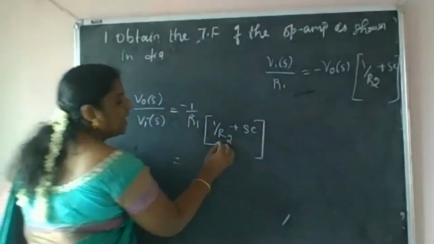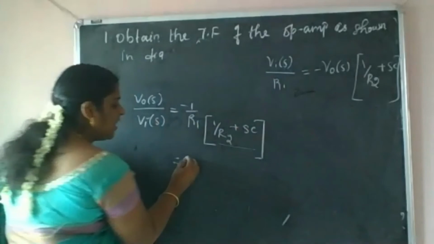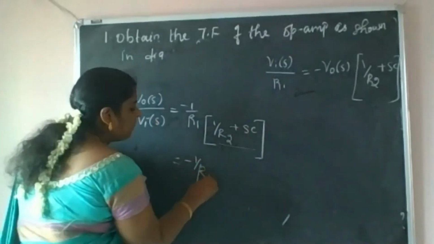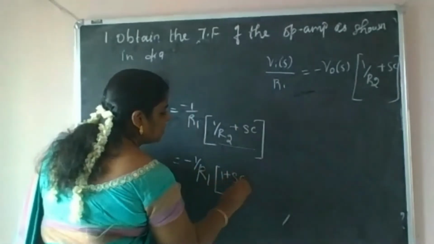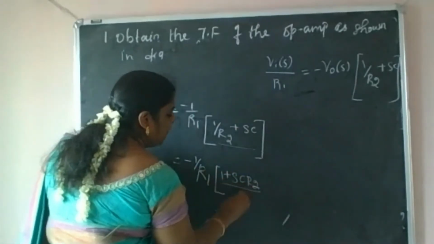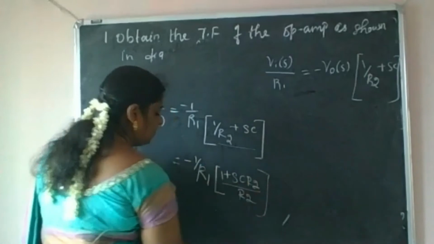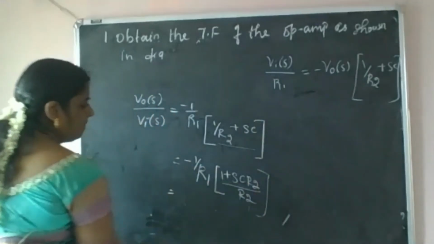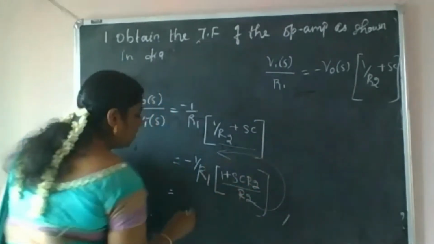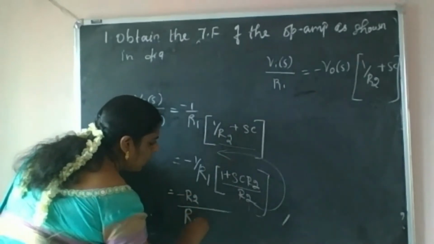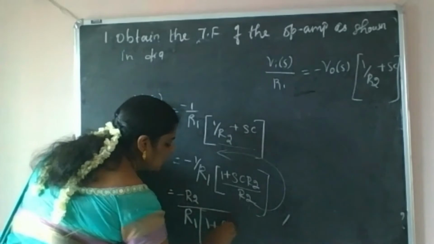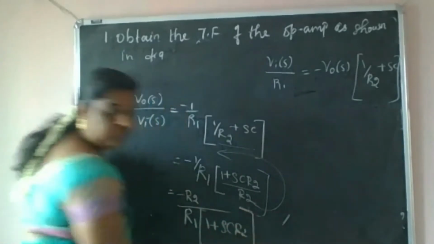So now taking LCM in this term, we will get minus 1 by R1 into (1 plus sCR2) divided by R2. So again, this term goes here, so we will get minus R2 divided by R1 into (1 plus sCR2).